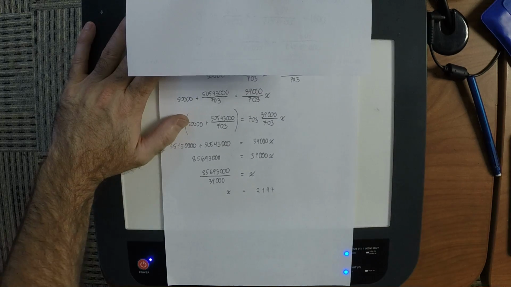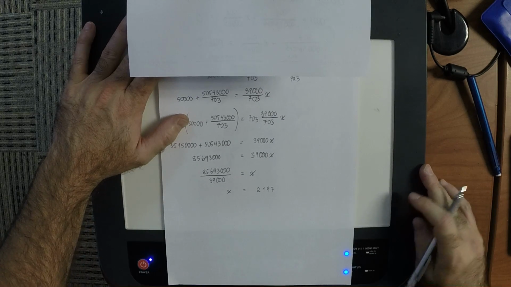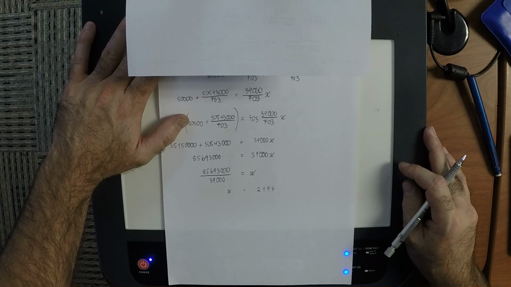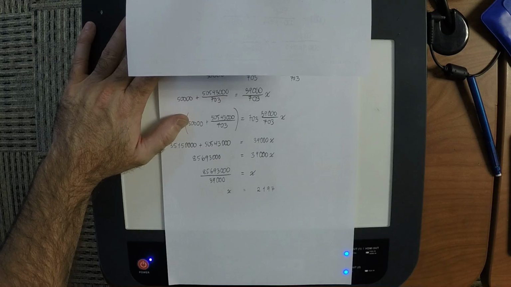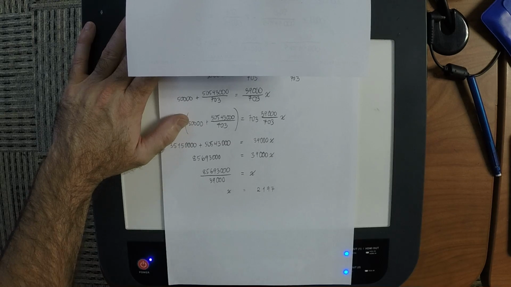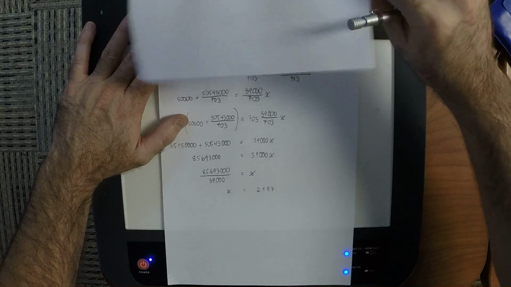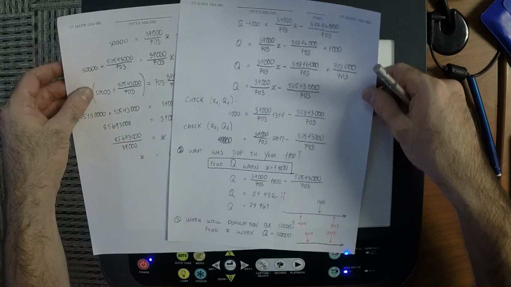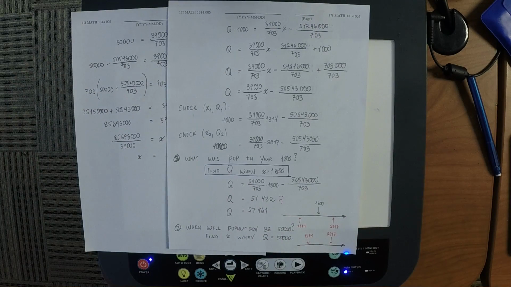So would someone please interpret that number for us? What does that mean? In the year 2197. Very good. So is that in the correct part of the timeline? Yes. Good. Any questions about this kind of thing?